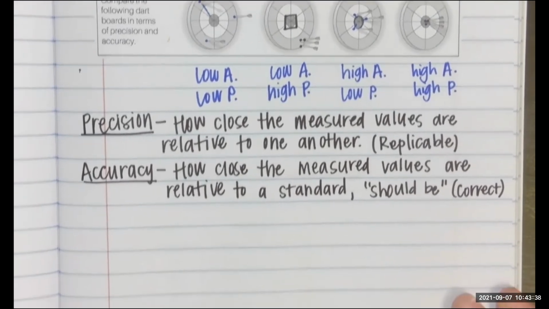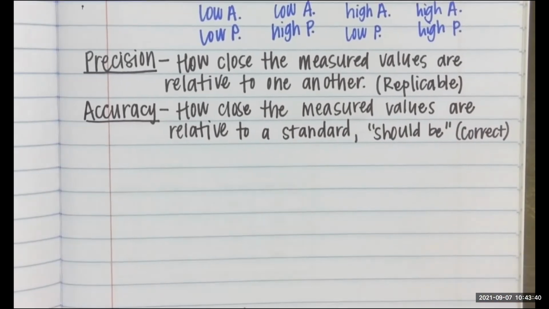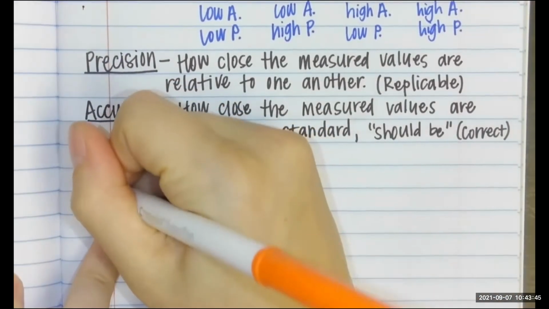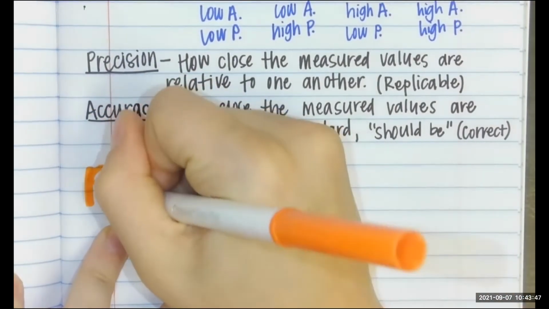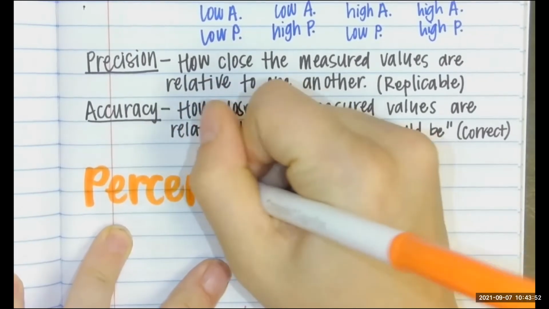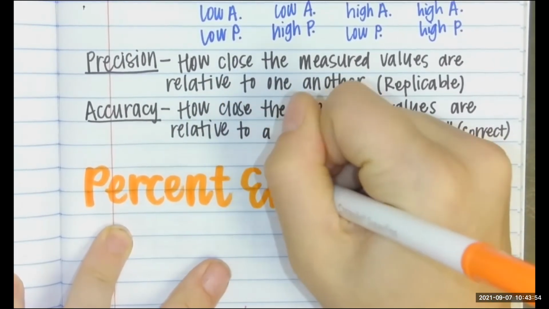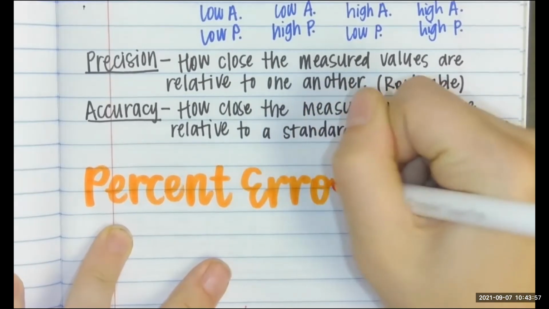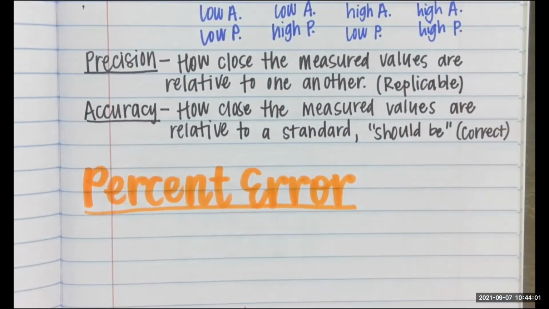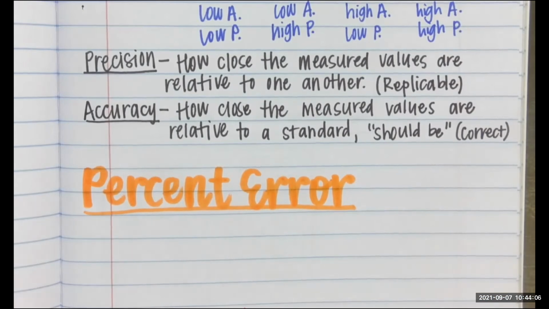Now underneath that, we're going to do a separate calculation for percent error. What the percent error allows us to do is to decide how far off the values are from what they should be.